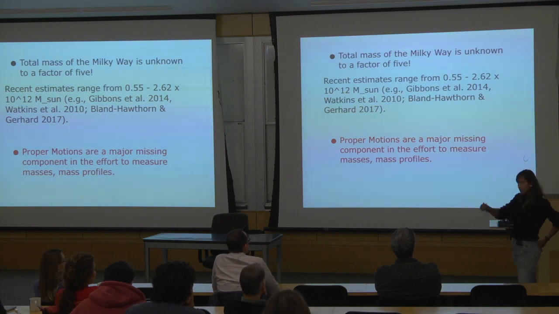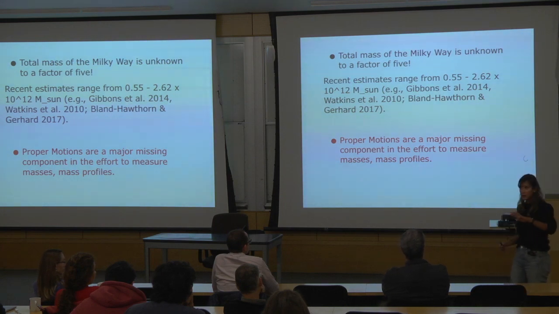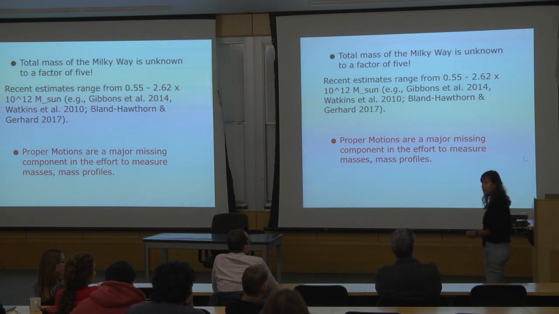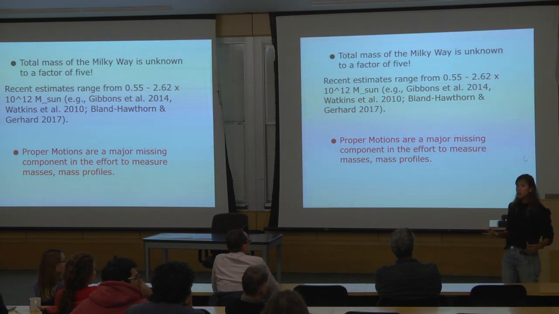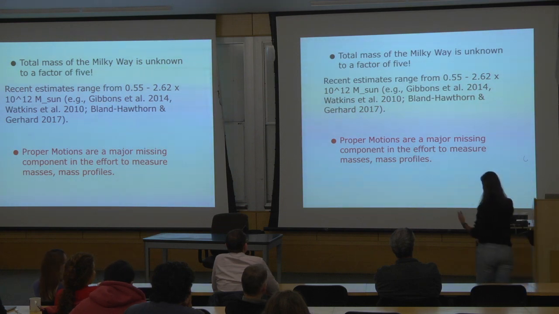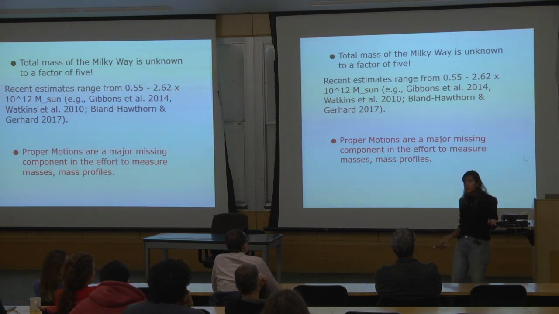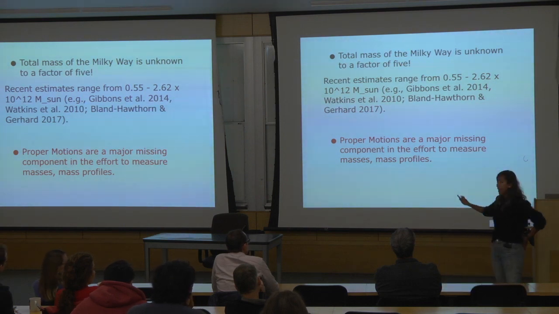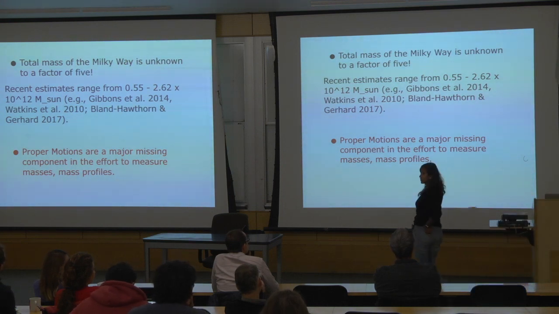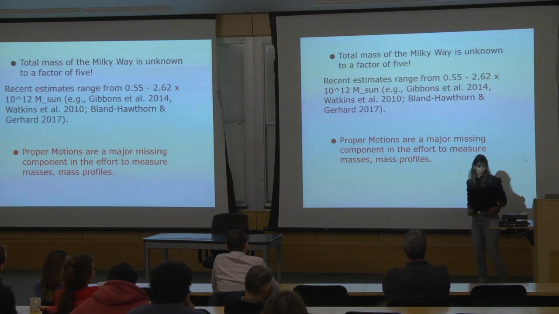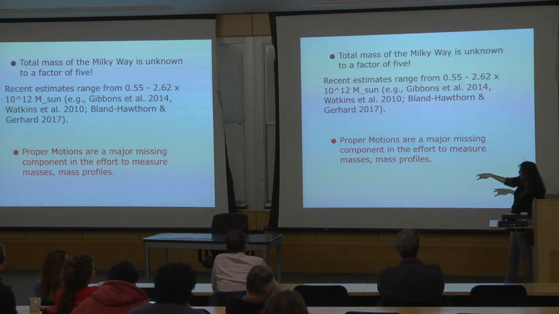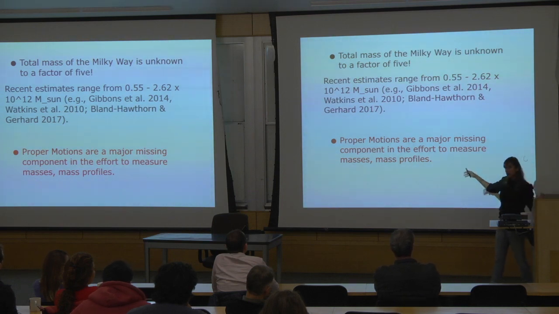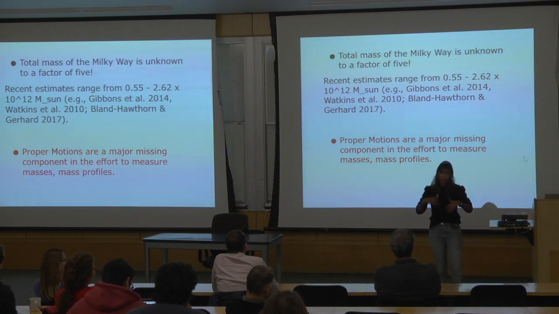You can relatively simply, just using the Doppler effect, measure whether something in the sky is coming towards you or moving away. But how much it's moving in the plane of the sky, the tangential component, is much more difficult to measure. Therefore, if you're missing 2 components of the velocity for all our tracers, this makes measuring mass and density quite difficult, because you have to make a lot of assumptions.